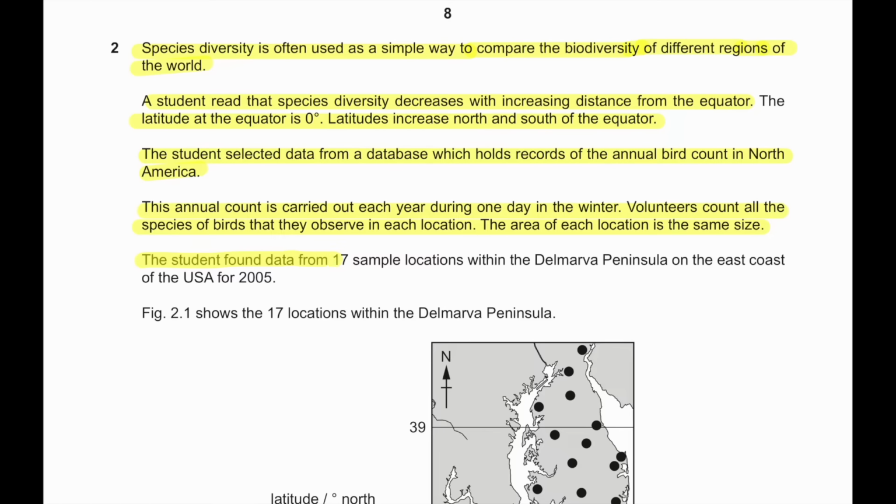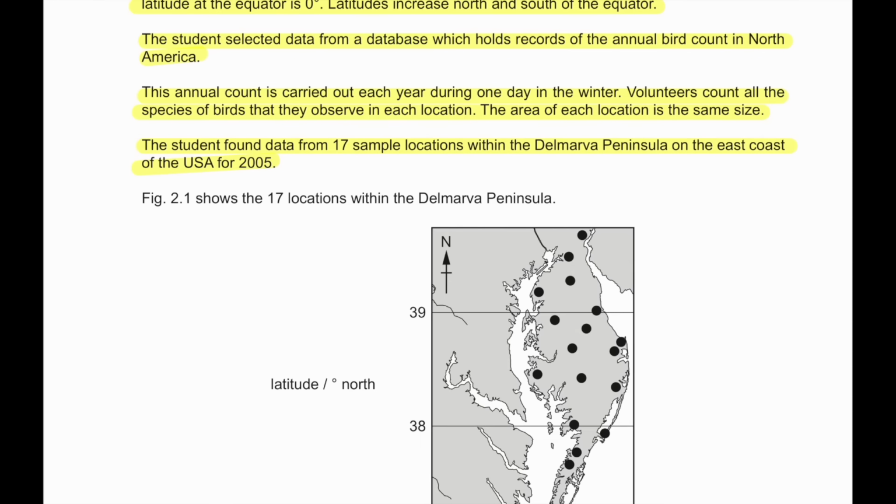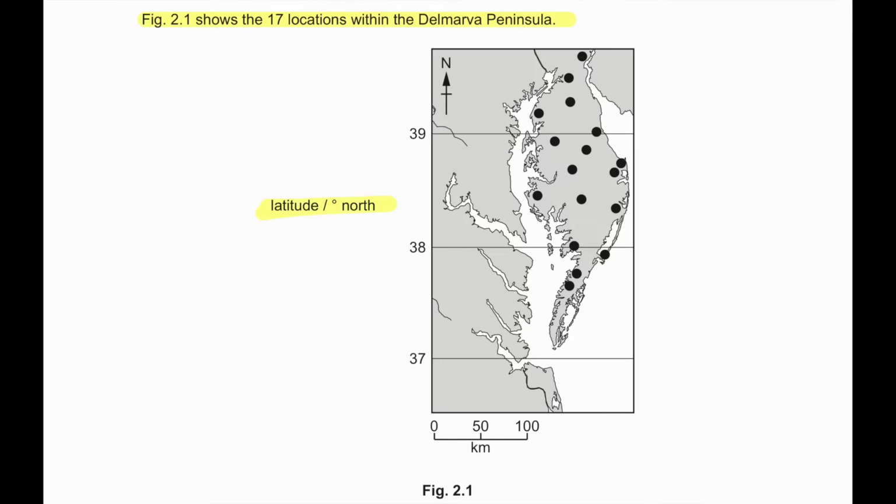The student found data from 17 sample locations within the Delmarva Peninsula on the east coast of the USA for 2005. Figure 2.1 shows the 17 locations within the Delmarva Peninsula by latitude, and we can see distance in kilometers.